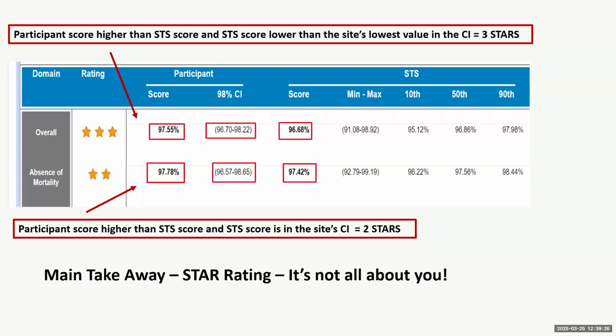Because sometimes we get questions about, well, I dropped a star or I went down a star. What can I do to make it better? Well, it may really not be what you're doing. It may be doing what everybody else is doing out there. So I wanted you to understand that star ratings are based on more than just what you're doing.